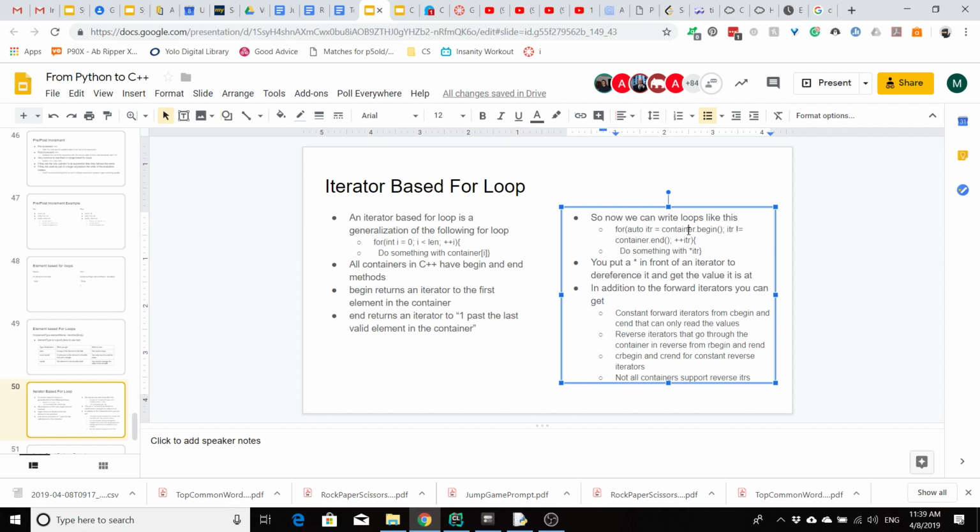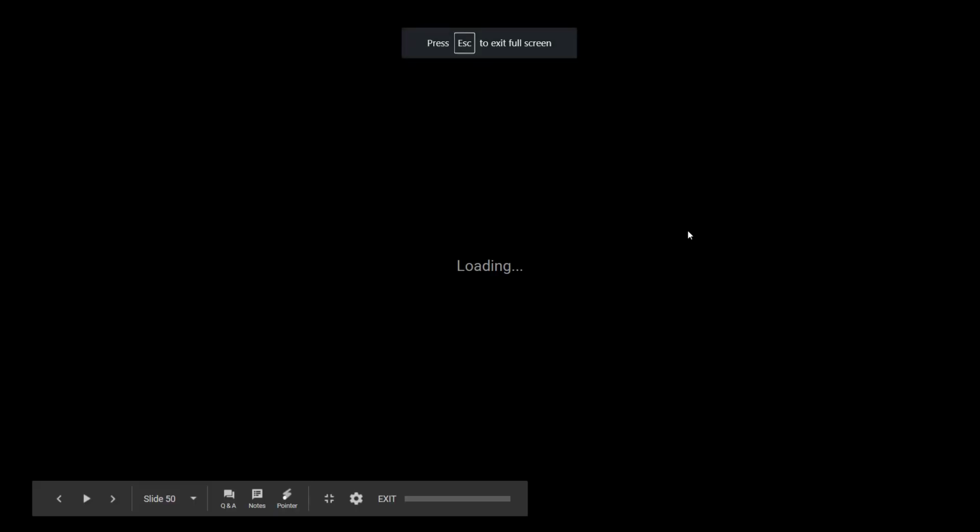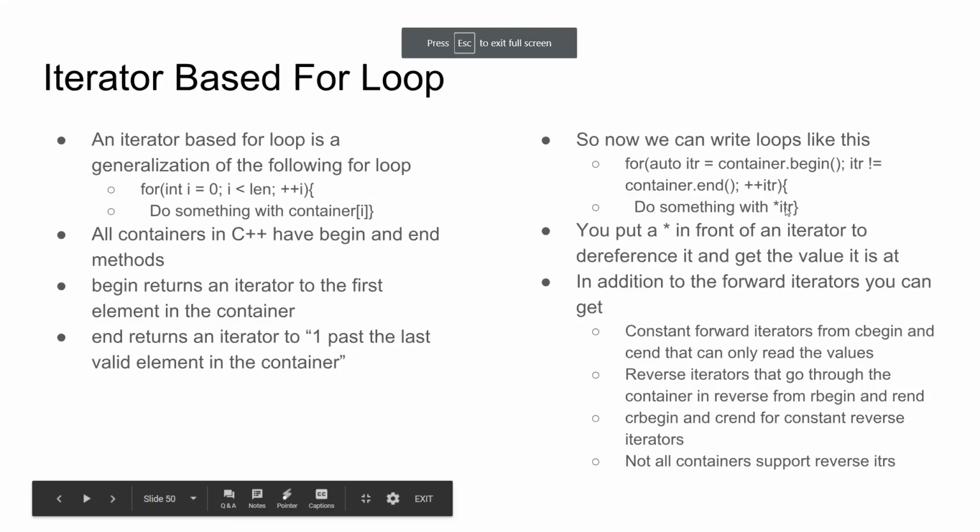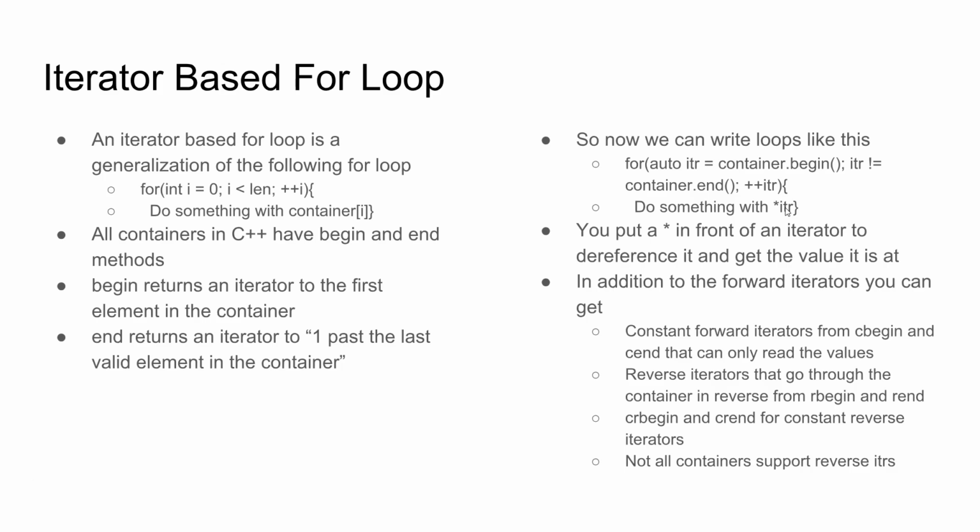And then instead of working with the element at position i, you just do star iter to get whatever that value happens to be. This for loop is necessary sometimes, but a lot of times I prefer to use the element-based for loop if I just need to go through each of the elements.